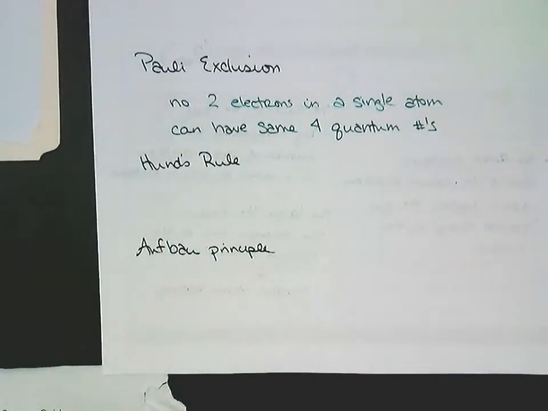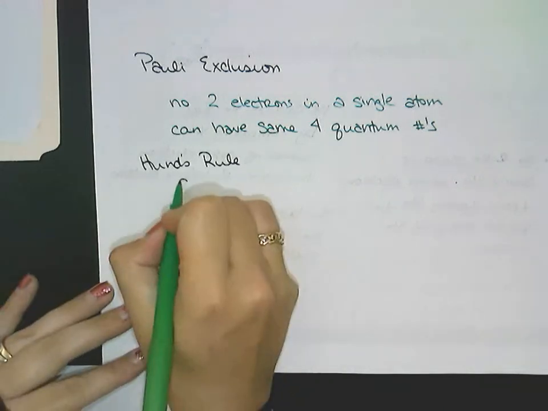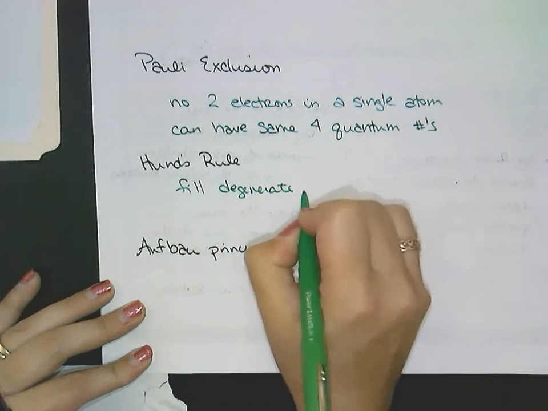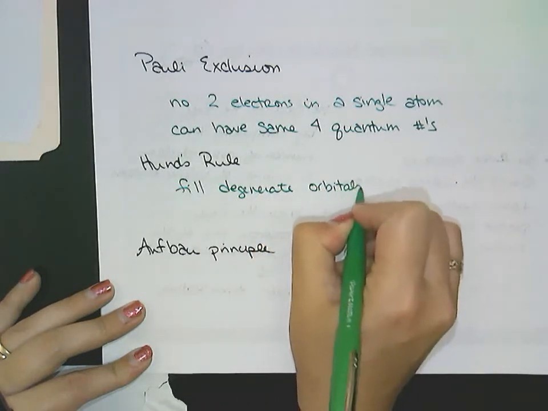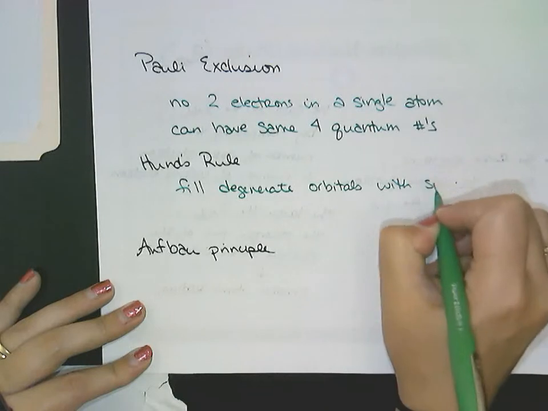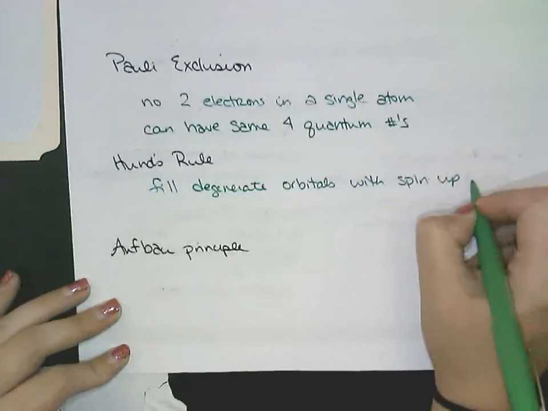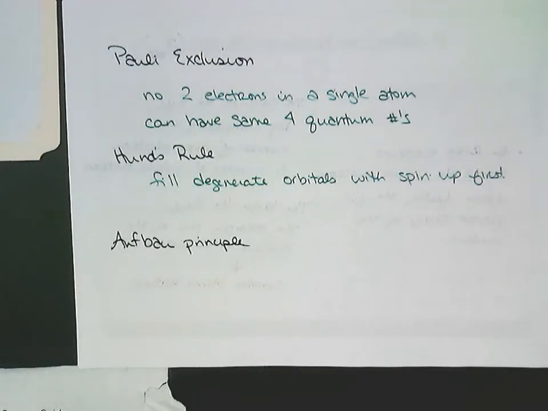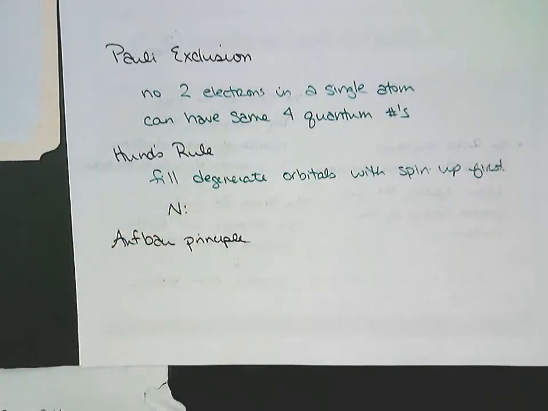All right, Hund's rule: we fill degenerate orbitals with spin up first. Let's say I have, we'll pick an easy element, let's do nitrogen. Nitrogen has 7 electrons. So where do I start? We'll do an orbital diagram, so we're going to draw platforms.